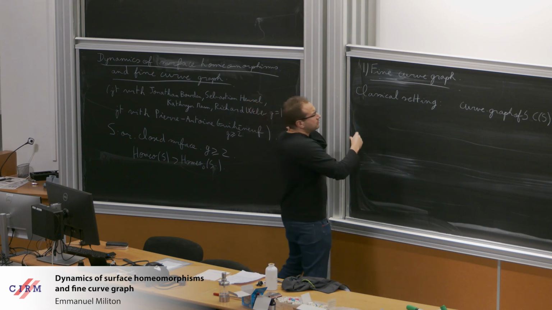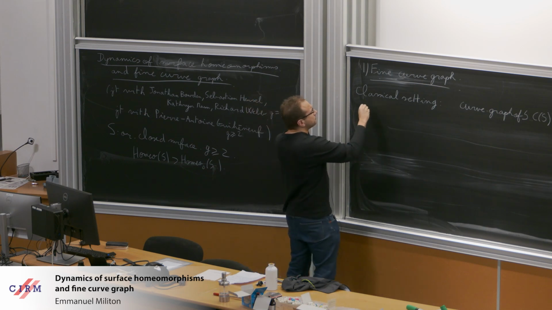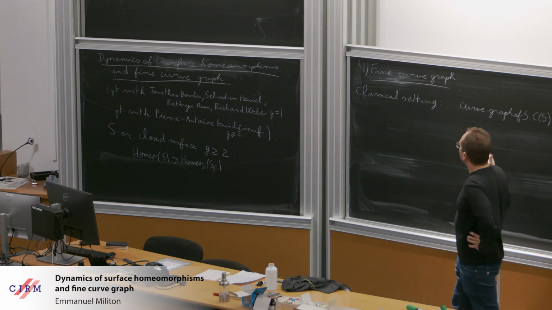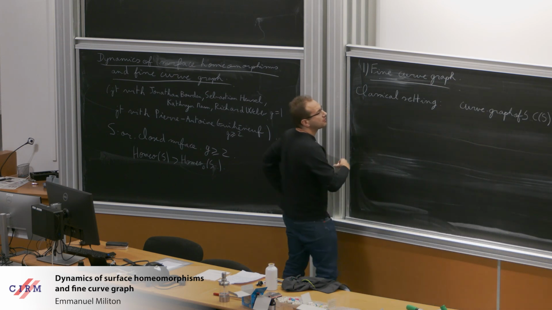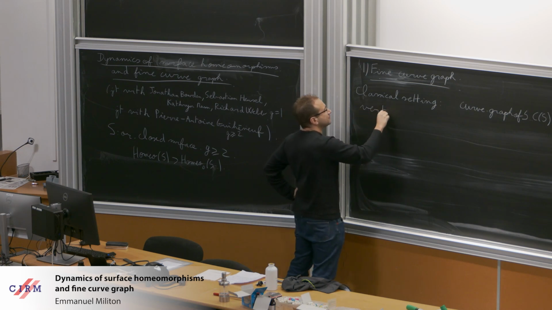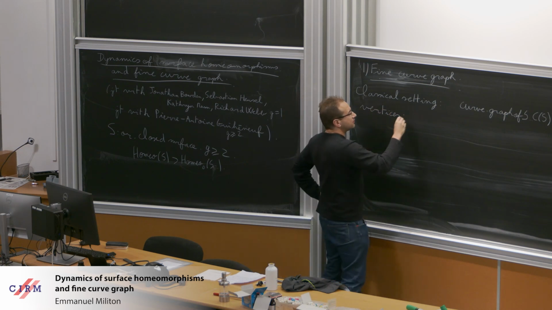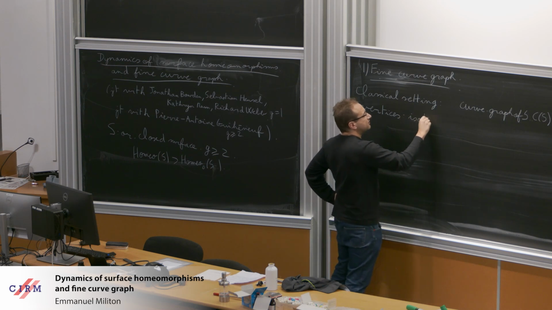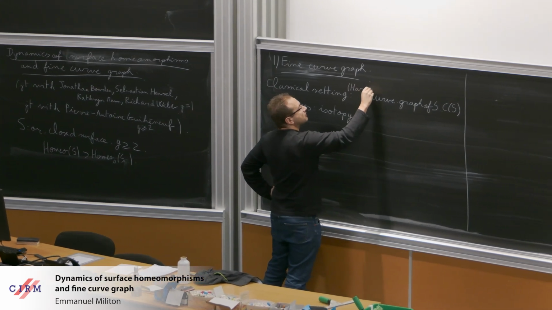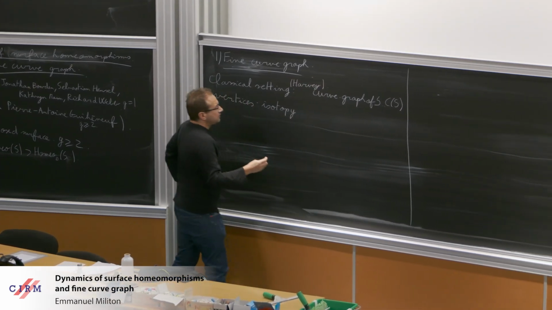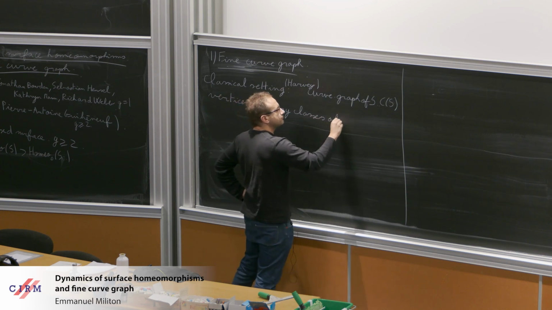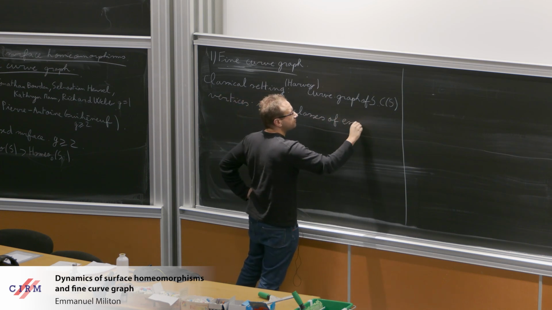So it's already kind of a big graph, because it's a graph whose vertices are isotopy classes of essential simple closed curves, Harvey, of simple closed curves, essential simple closed curves.